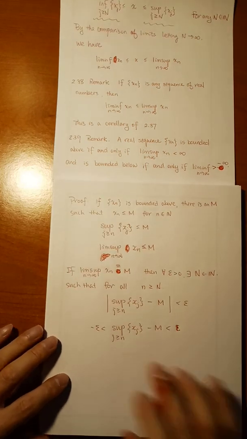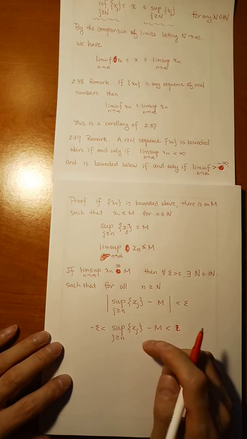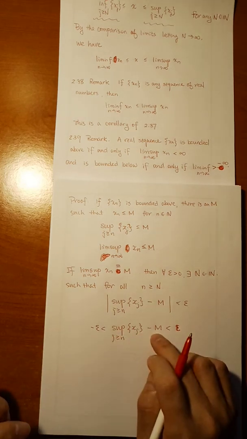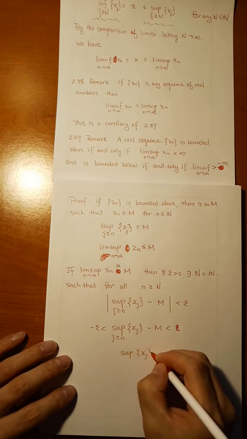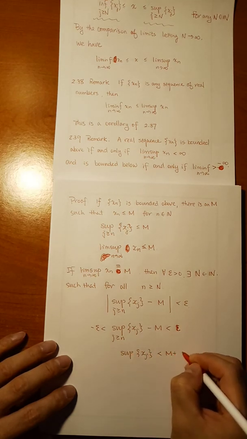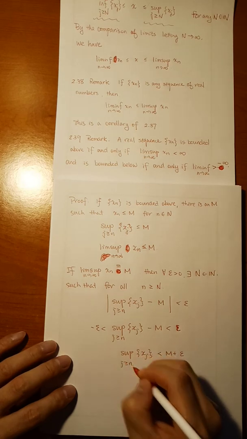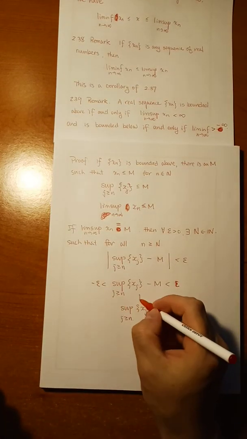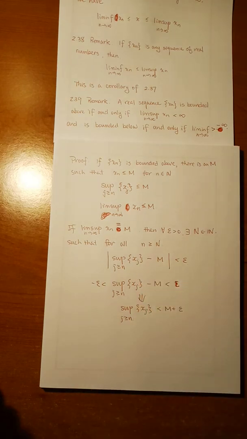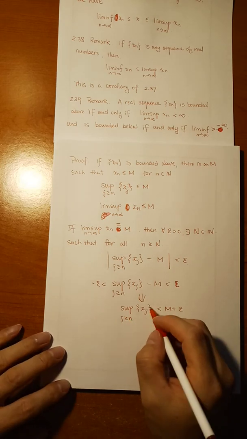And if you move the m to the right side, you get the supremum of xj, j greater than or equal to n, is less than m plus epsilon. It's one direction, it's not equivalent. We just need the right part. It's bounded above.